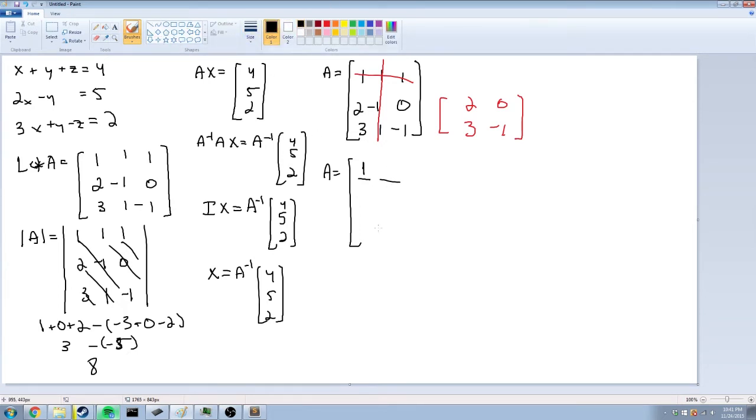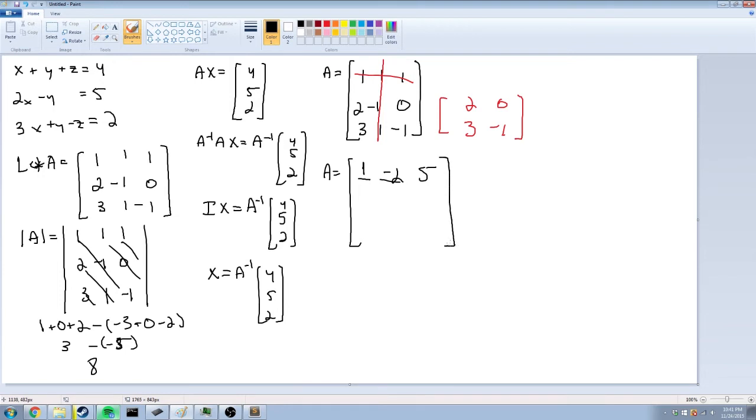So I would write negative 2 right here, and then I'd do the same right here. You cross out this row, this column, and you are left with 2, negative 1, 3, 1. So 2 minus negative 3 is 5, so there would be a 5 right there.